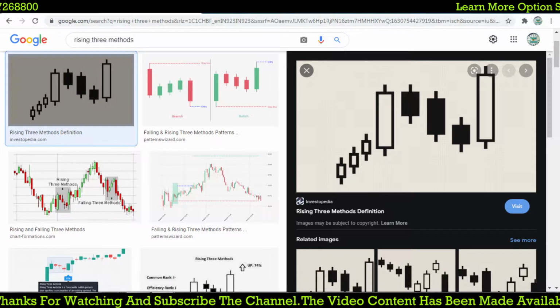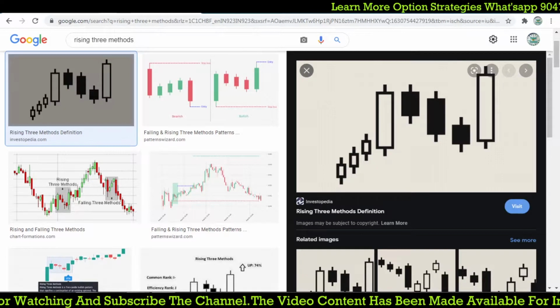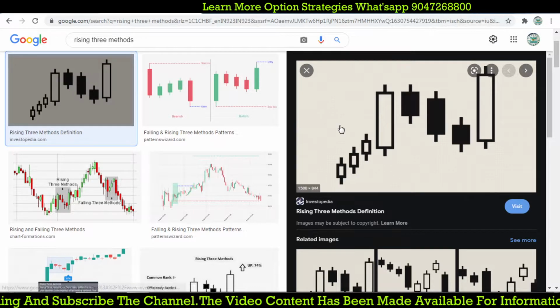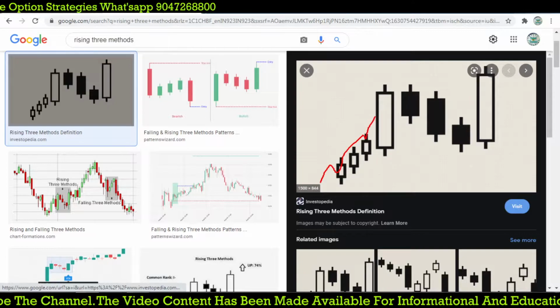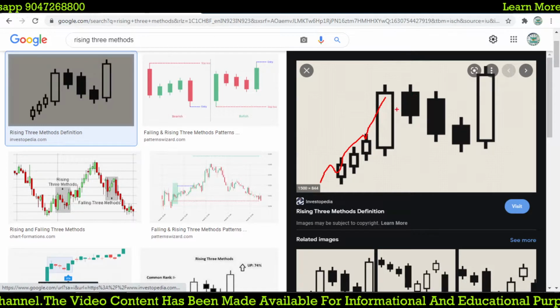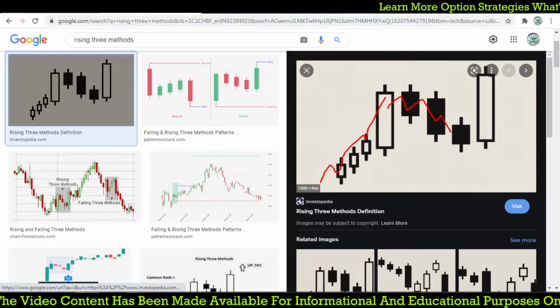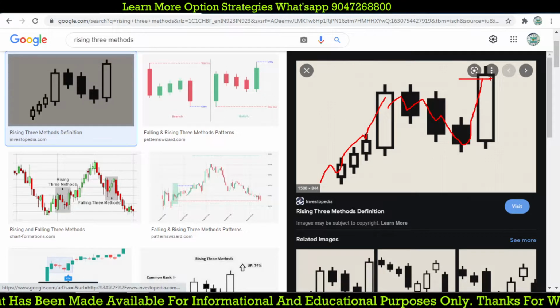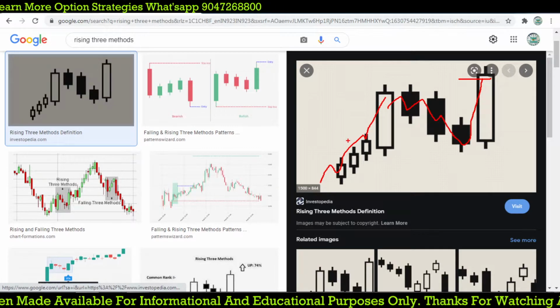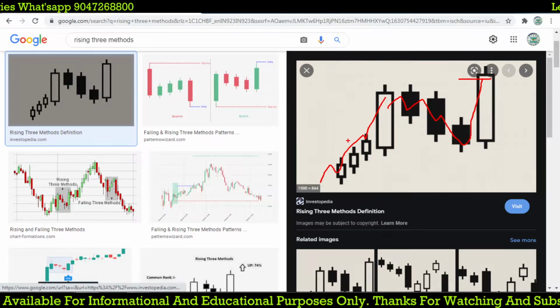The previous trend of the market should be up. So when it forms in an uptrend, the previous trend is up, the next 3 days the market is struggling, and the fourth day it closes higher and gives you clear confirmation that the trend is going to continue, right?